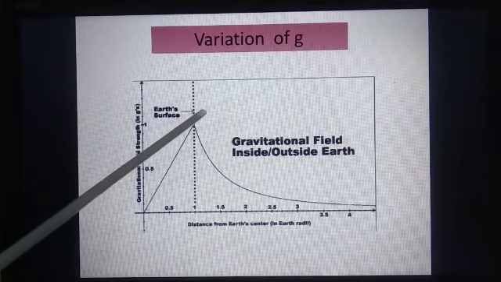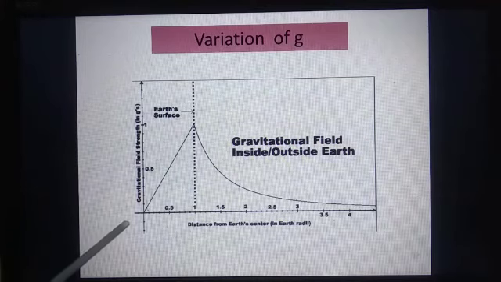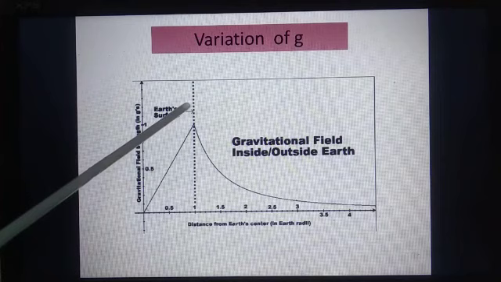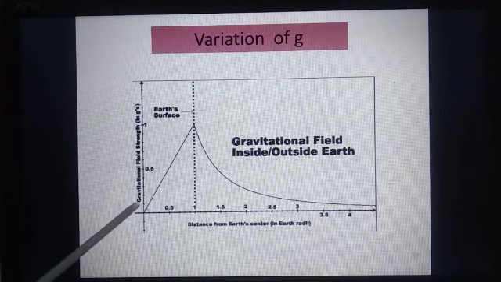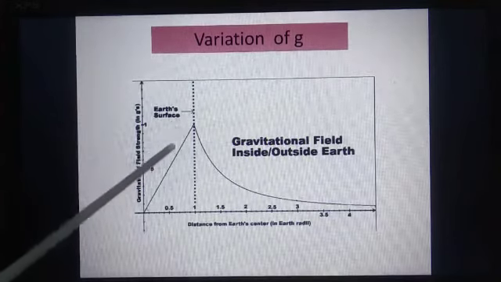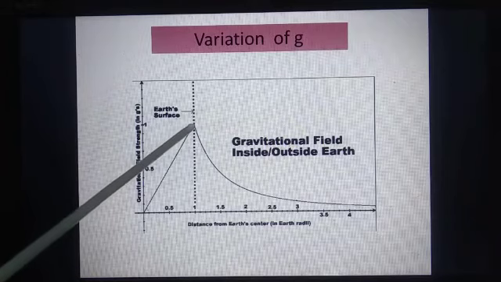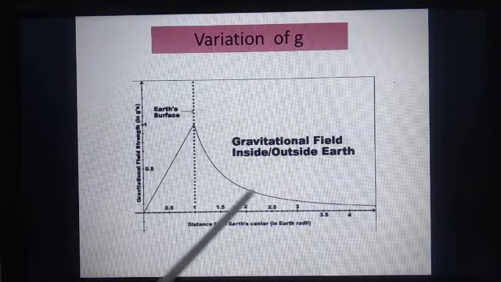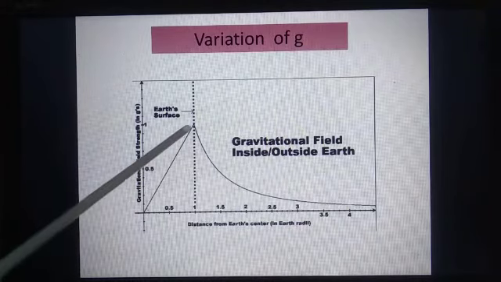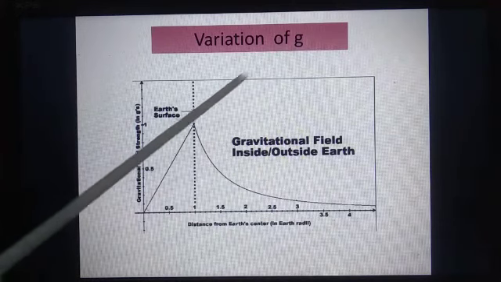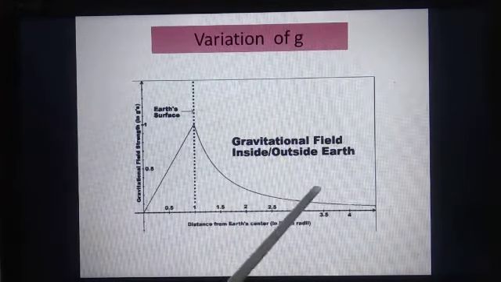As we go towards the center, there is a decrease in the value of small g, and the same above the surface of earth. That means there is a decrease in the value of acceleration due to gravity above the surface of earth.